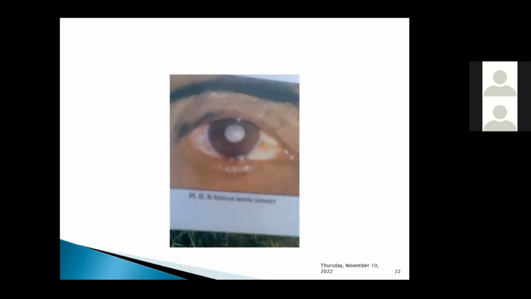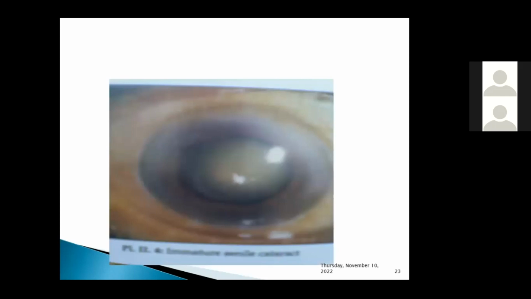So this is a simple picture showing a white pupillary reflex. This is a typical picture for cataract. This is also, I don't think it's a very clear picture on your screen, but still cataract. So you can see the cornea is clear. Behind the pupil, there is an opacified structure, which is a lens, and this is cataract.